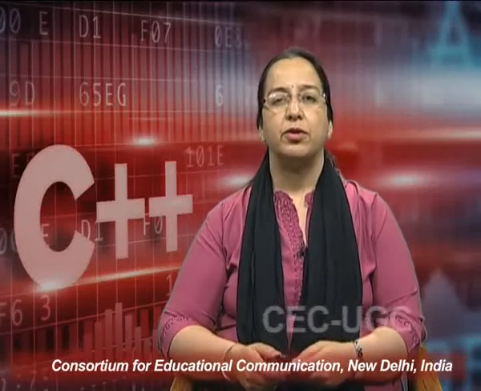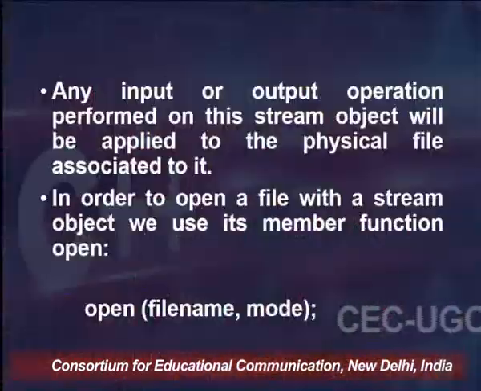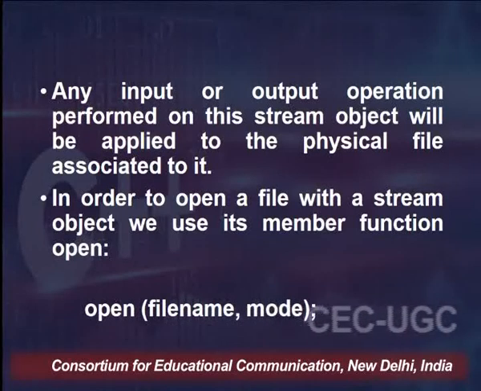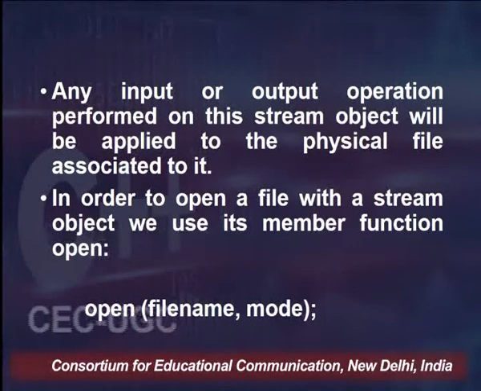So any input or output operation performed on this stream object will be applied to the physical file associated with it. Whatever input and output operation is permitted, depending upon whether you have created the object of ifstream, ofstream or fstream, and depending upon the facilities available, any input or output operation performed on this stream object will be applied to the physical file associated with it, and here the name was example.txt.